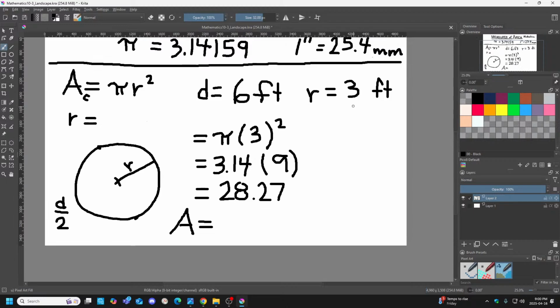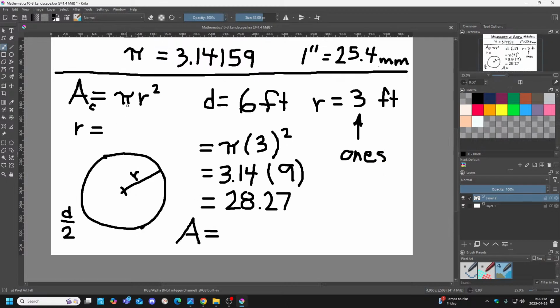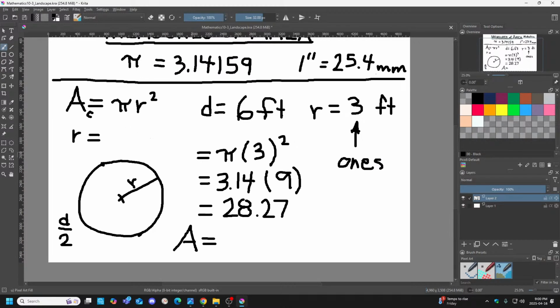Our accuracy is to the ones place. Again, I always put my answers based on the worst accuracy. Obviously, pi has the best accuracy, right? It goes on, it's still infinitely going as far as I know. And I think they're still trying to calculate more digits. I don't know why you would need to be that accurate, but anyways.